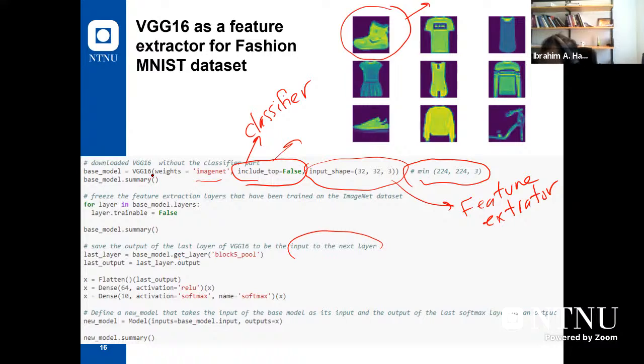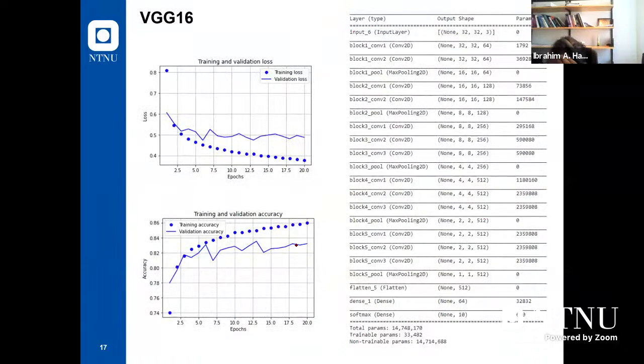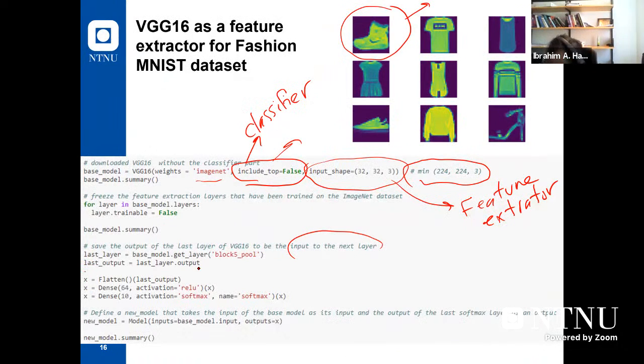So I will use this base model for generating those feature maps, and I will create a new model. The input to this model will be the output from this base model. Maybe this is not the smartest way of doing it, but we will have another way.